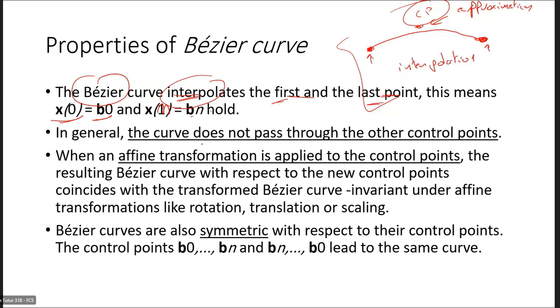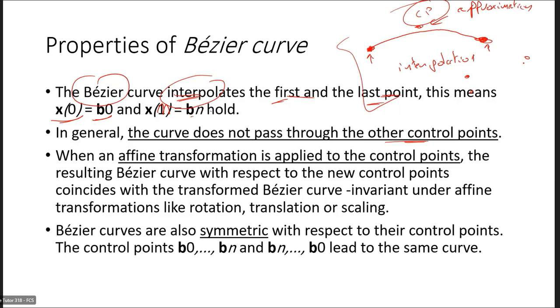So in general, the curve doesn't pass through the other control points. You can see that for the quadratic curve, we have just one control point, and the curve doesn't pass through this control point, only through the first and the last points. Same thing if you have a cubic curve.